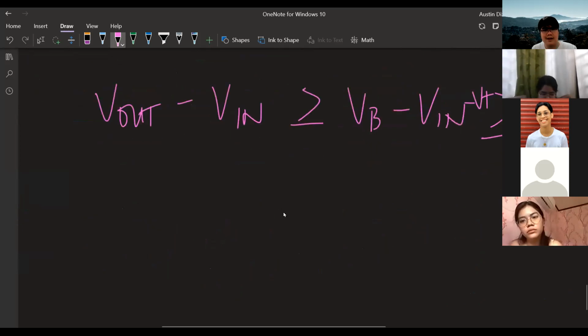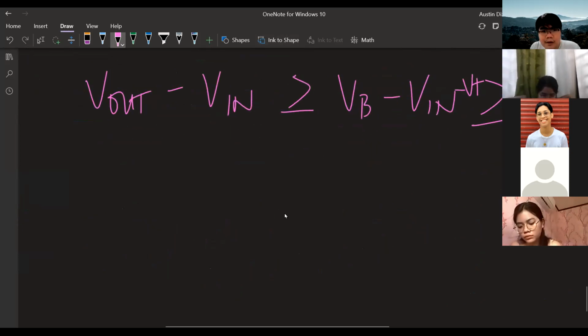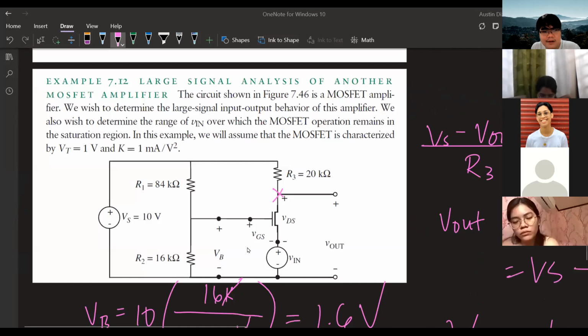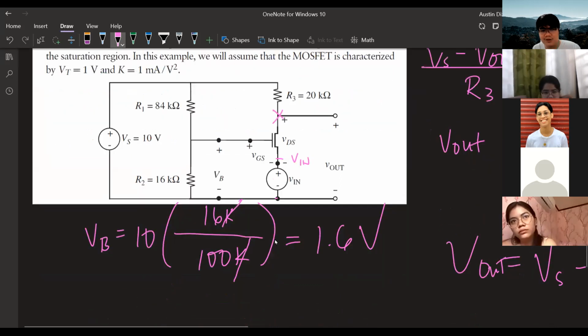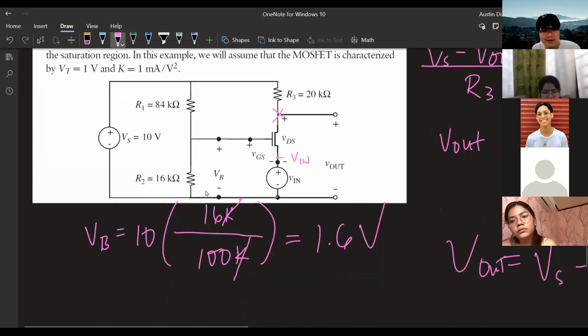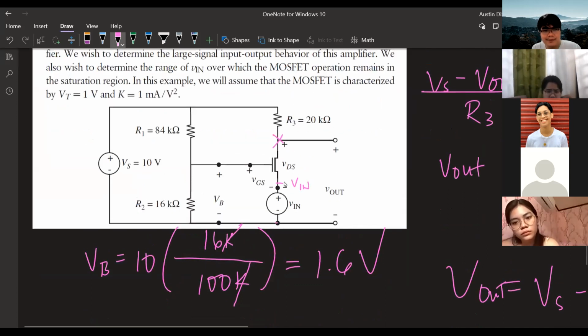Okay, so pwede po paulit kung bakit naging VB minus V in yung VGS. Ano yung voltage dito? Di ba V in agad siya? Tapos ito ground kasi. Ground yung nasa ilalim. Well, I can choose it to be the ground for simplicity. Okay, V in agad ito.